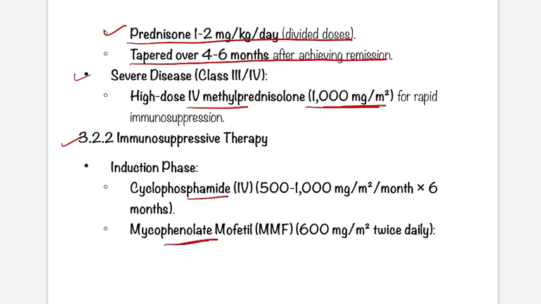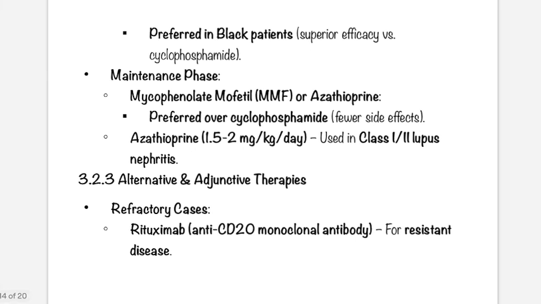The doses are 500 to 1000 milligram per meter square for 6 months, and MMF 600 milligram per meter square twice daily. This is preferred in Black patients. In the maintenance phase, MMF or azathioprine are preferred over cyclophosphamide. Azathioprine is used in class 1 and class 2 lupus nephritis.